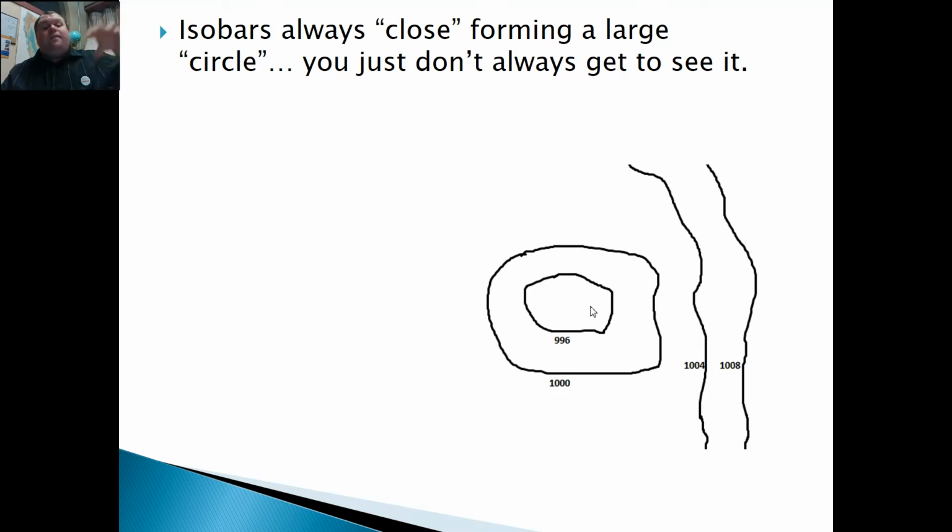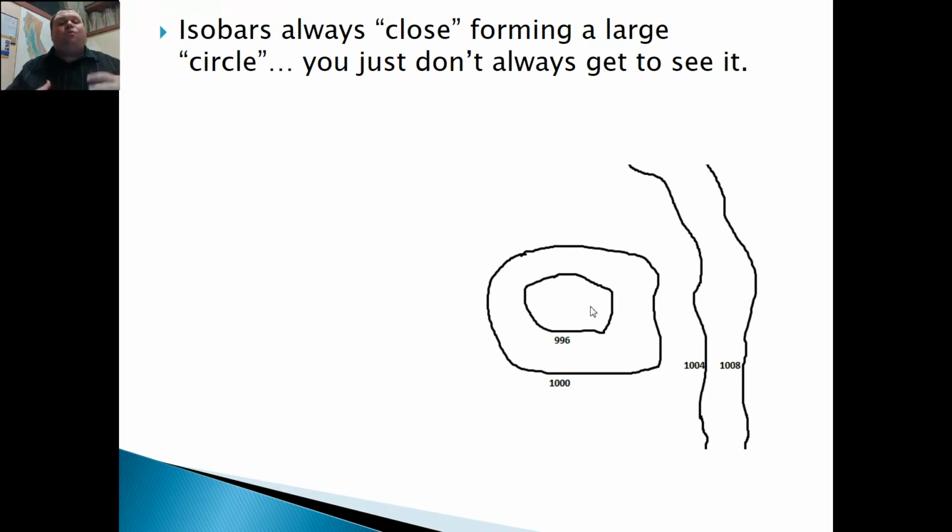So let's say your map is just for the United States. Well, that isobar does continue into Canada, and it does continue down into Mexico, even if Canada and Mexico are off the edges of your map. And they'll continue until they form a large circle.